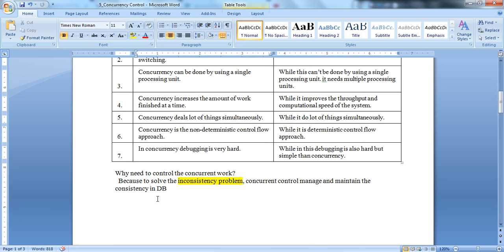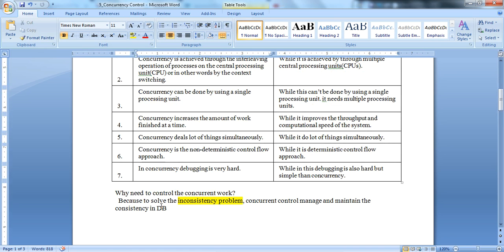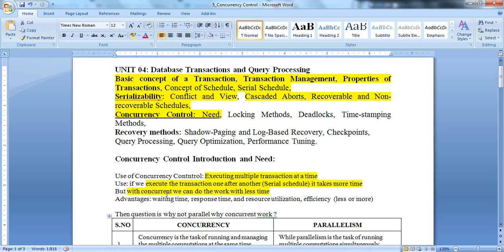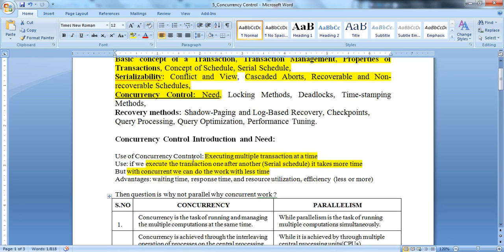In the next session, we will know what exactly the problems are under concurrency control and the concurrent schedule, and how we control those problems with the help of some processes. Firstly we will know about the problems, and in a later session how to manage them. This is simply the concurrency control introduction.